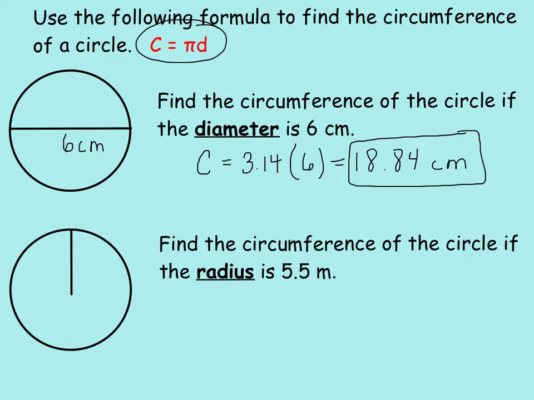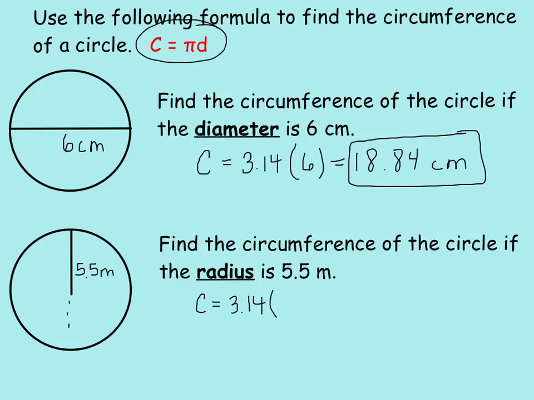All right, now let's go ahead and try the second circle. If you notice the line on the second circle, it only goes halfway across. That means that that's the radius. In this problem, the radius is 5.5 meters. Let's go ahead and find the circumference. Circumference is equal to pi, which is 3.14, times the diameter. Now in this problem, they don't give us the diameter, they give us the radius.